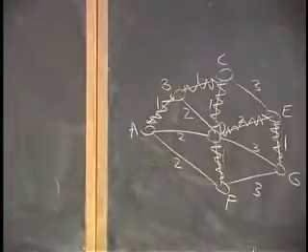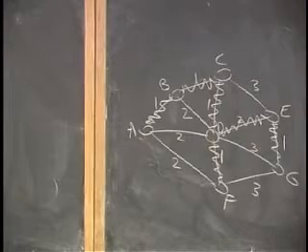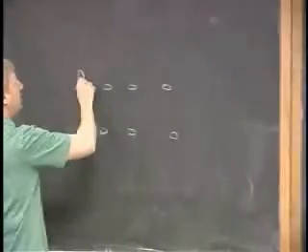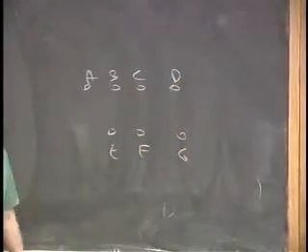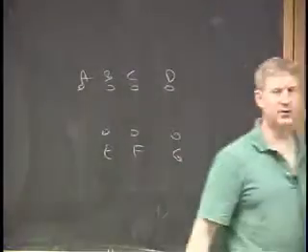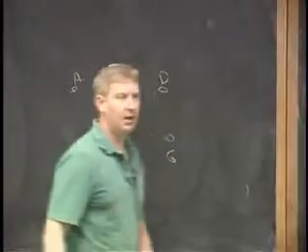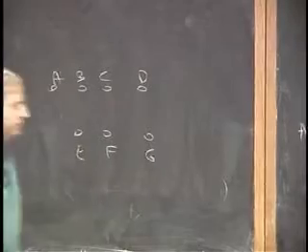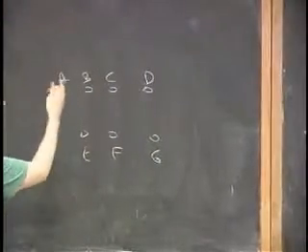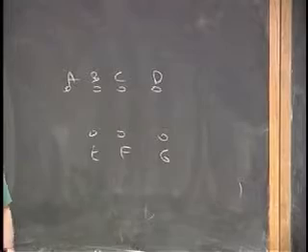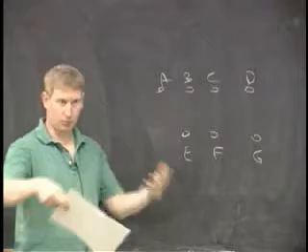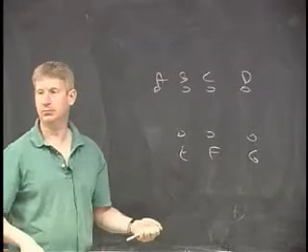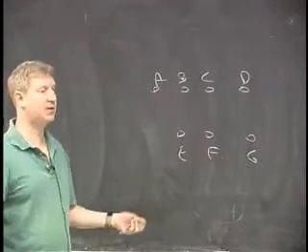Let's go back to the beginning of this problem. At the beginning, we're going to imagine that we have A, B, C, D, E, F, G, all sitting around like this. In other words, 7 separate subtrees. And every time we get an edge, say AB at the beginning, we look up and we see, are A and B in the same group, or are they not in the same set?